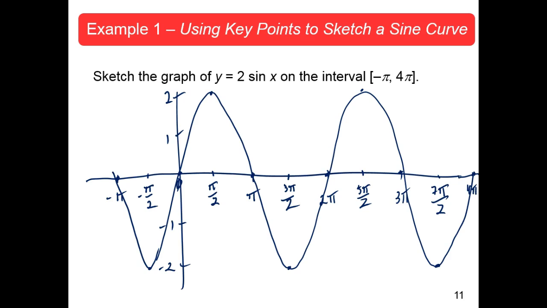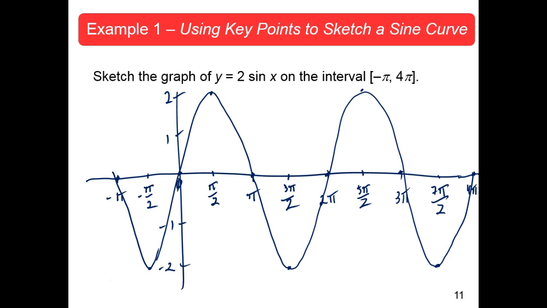Notice, for every period, it repeats itself. Okay? And let's just take it from here to here. And that repeats itself. Oh, wait, I'm sorry. Here to here, not right. This one. This repeats itself. This is what I want.